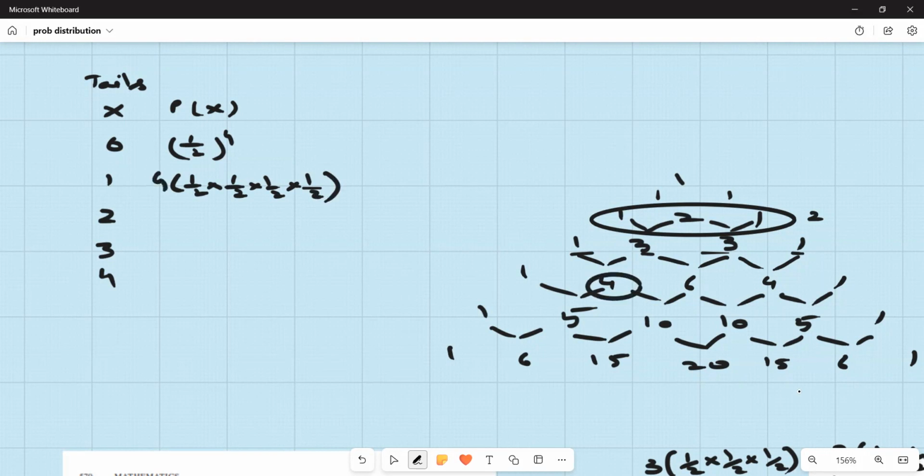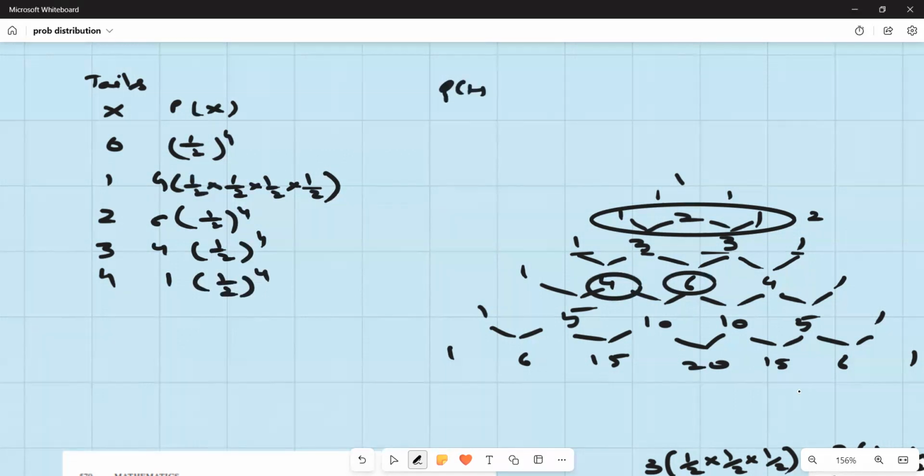But then for 2, what will you multiply? 6 cases. So 6 into 1 by 2 raised to power 4. Then 4 into 1 by 2 raised to power 4, and then 1 into 1 by 2 raised to power 4. Why is 1 by 2 the same? Because P of H is equal to P of T. Probability of head and probability of tail for each unbiased coin is the same.